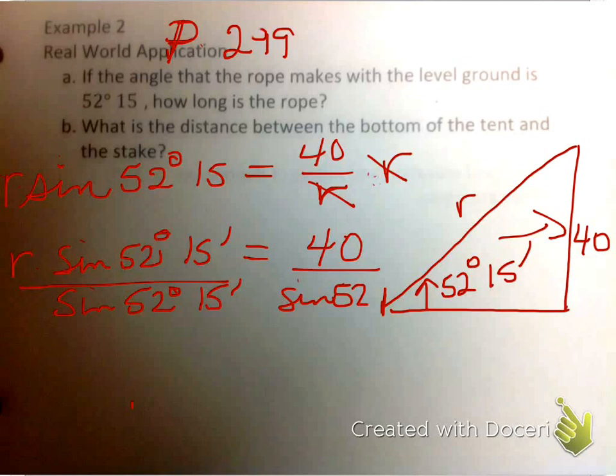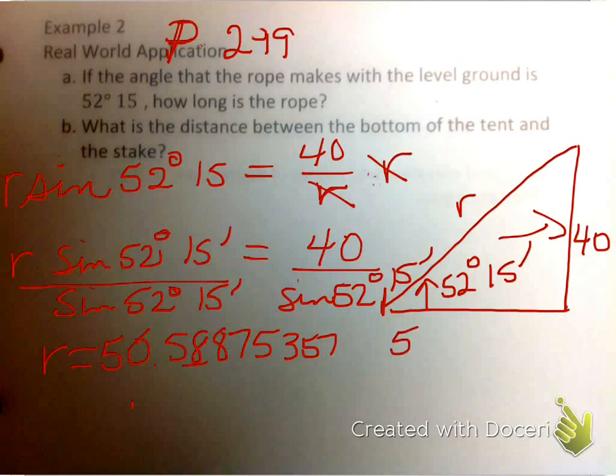The next step would be to put it in your calculator and see what you get. When I put it in the calculator, I get r is equal to 50.58875357, and we're going to round it to the nearest tenth, so we look at the 8 and we decide to round up, and we're going to do 50.6.